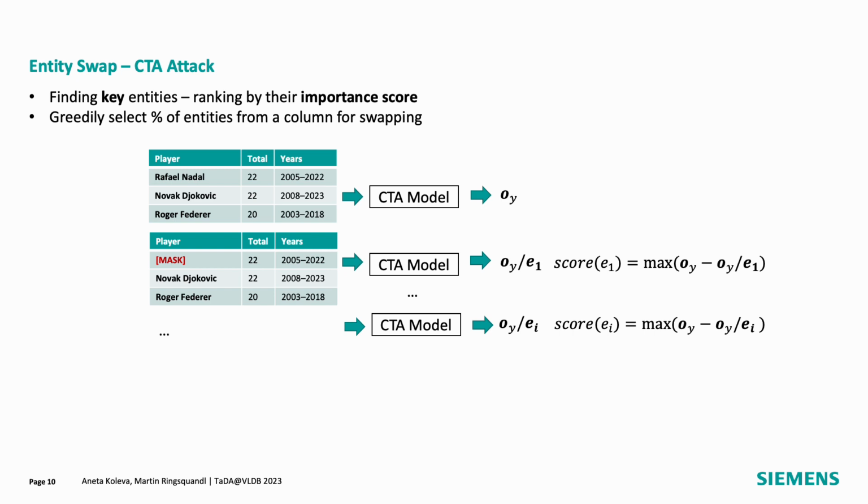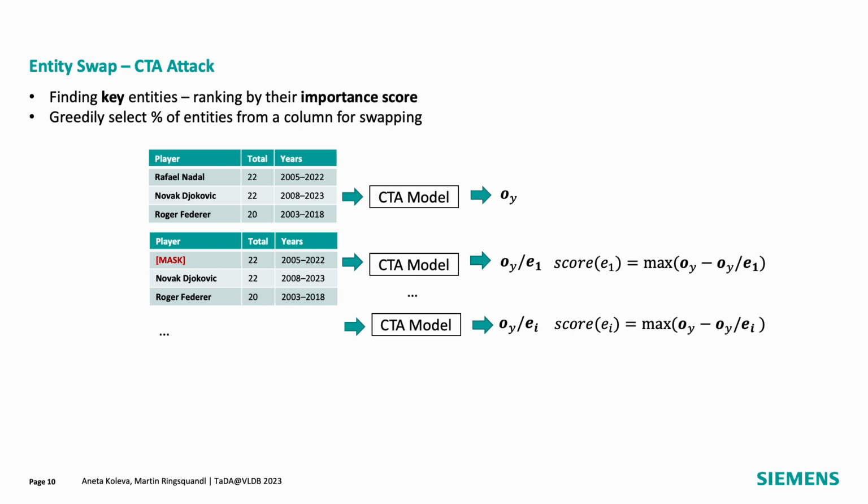As we mentioned, the output from the classification model for a column is the logit vector OY, and we calculate the importance score for every entity in a column as the difference between the logit output of the model when the entity is in the column, as it is in the first case here, minus the logit output OY minus the first entity.